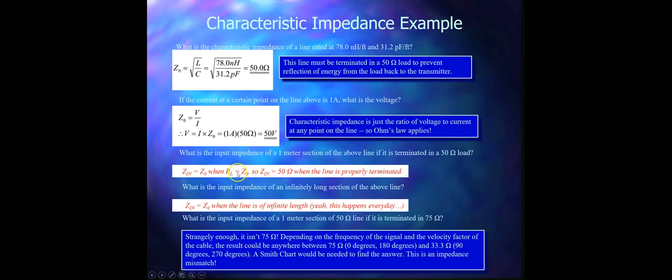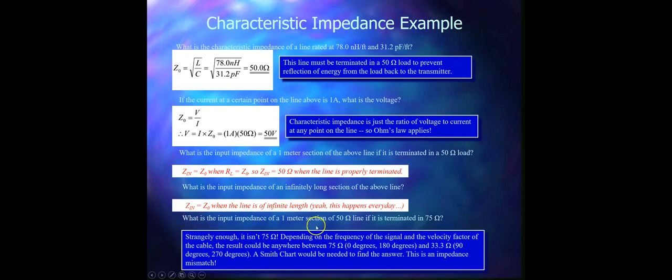So in that case, your input impedance will be equal to the characteristic impedance, which is 50 ohm, when the line is properly terminated. And what is the input impedance of an infinitely long section of the above line? So in that case, again, our input impedance must be equal to the characteristic impedance when the line is an infinite line.